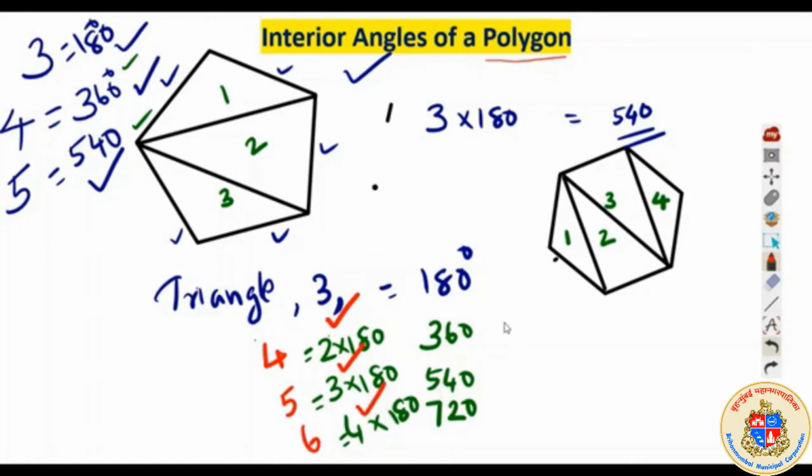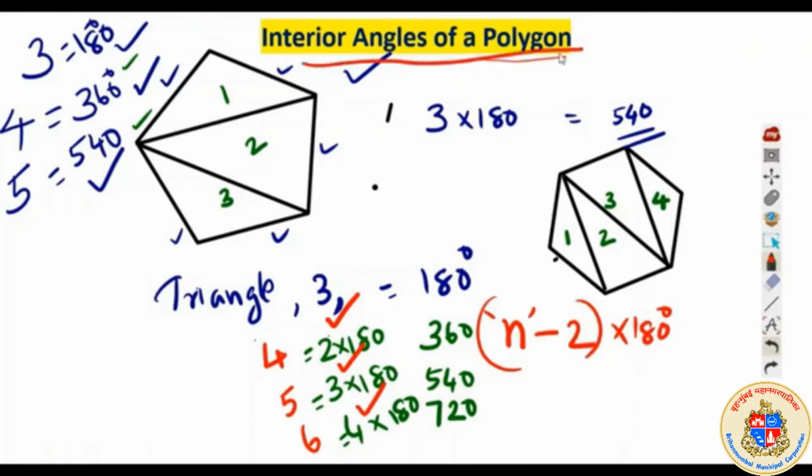That means if n is the number of sides, then (n minus 2) into 180 degrees will be the interior angles of a polygon. I stop here. Very clear. The number of sides minus 2, into 180, will be the total interior angles of a polygon.